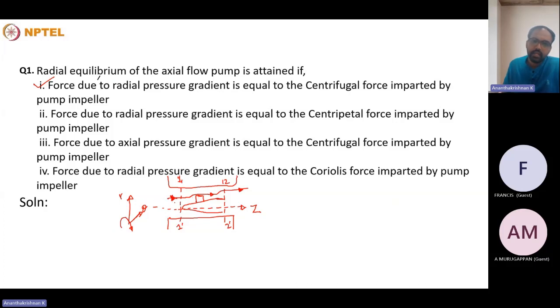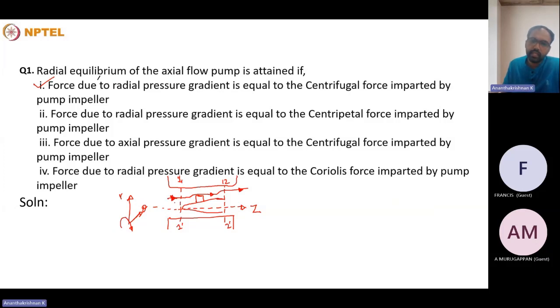So this means that the radial equilibrium analysis is not satisfied within the control volume nearby the blade. That means the force due to radial pressure gradient is not equal to the centrifugal force imparted by the pump impeller within the control volume nearby the blades.